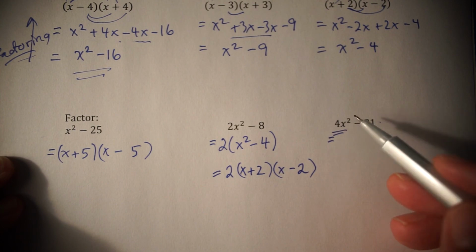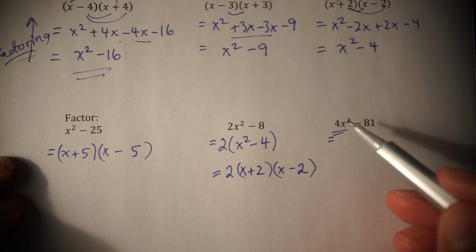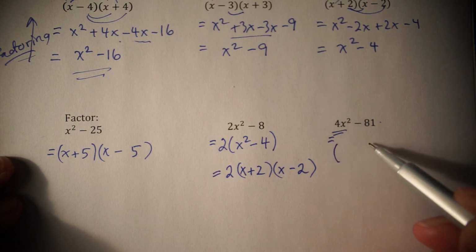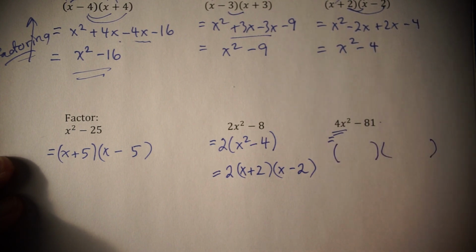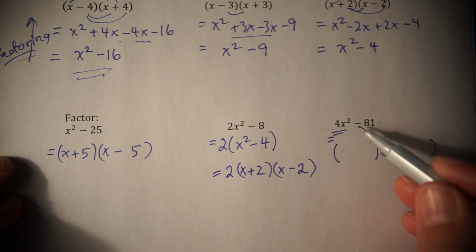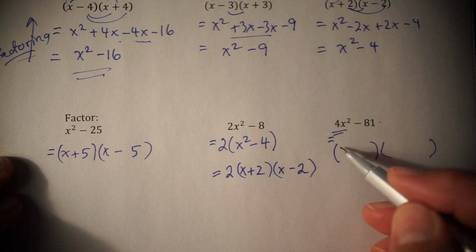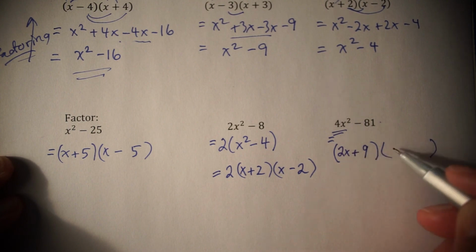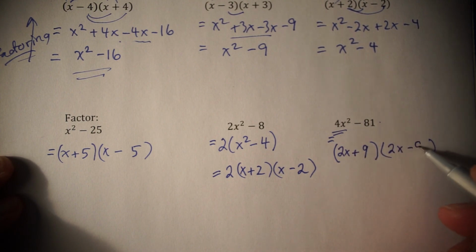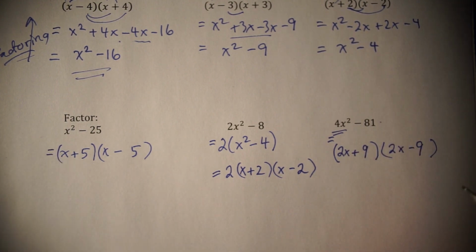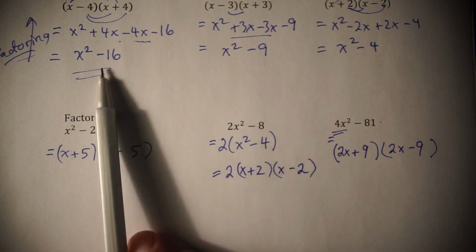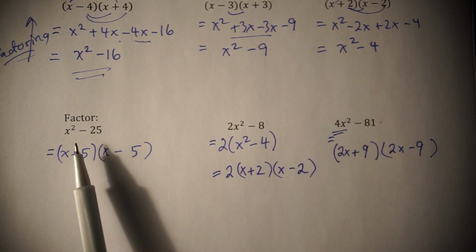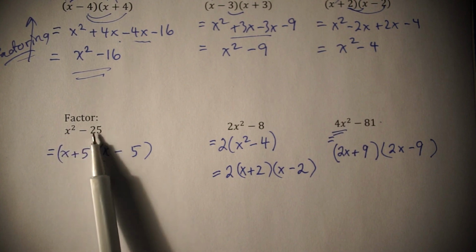Oh, yeah, it is. 2x times 2x would be 4x squared. And 81 we know is a perfect square. It's 9 times 9. And it is a subtraction, so we're good. 2x and 9, one with a plus and one with a minus. So that's how we can factor 2-term expressions when they have a subtraction sign and 2 perfect squares.